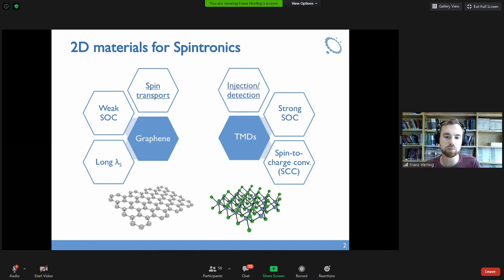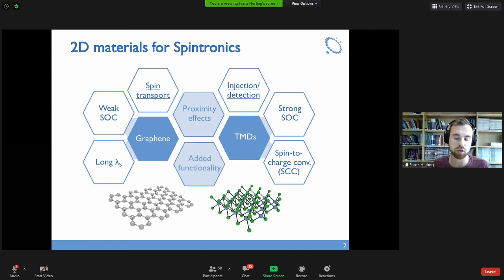Both of these material groups can be exfoliated down to the monolayer, so it's very interesting to combine them in van der Waals heterostructures. We expect them to show proximity effects when we combine those 2 materials, and these proximity effects could be exploited to add functionality for spintronic devices.